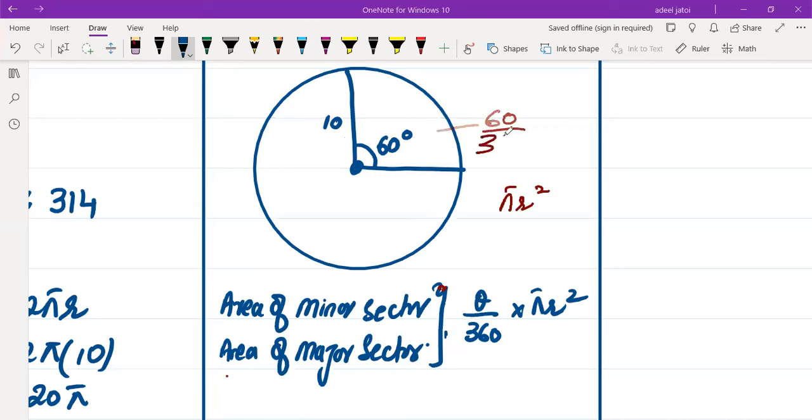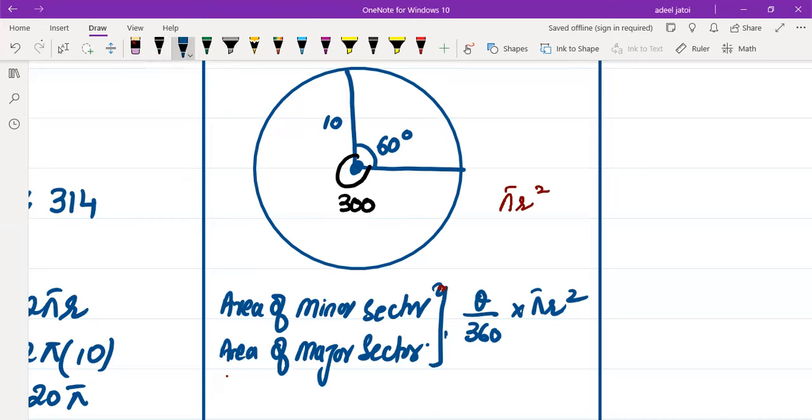That will be 60 upon 360. 60 upon 360 gives me the ratio of the minor sector against the entire 360 degree angle. Whereas the major sector will be what? 300.